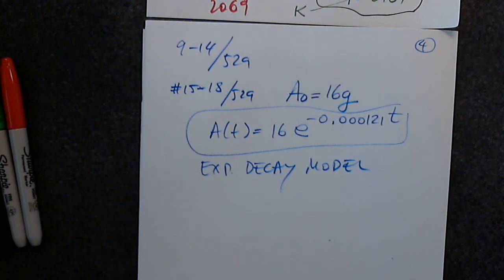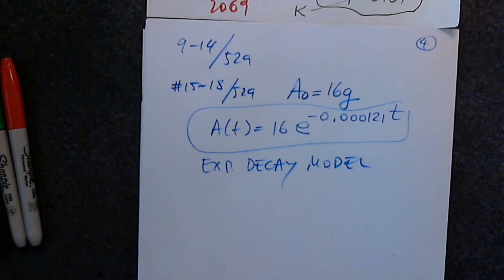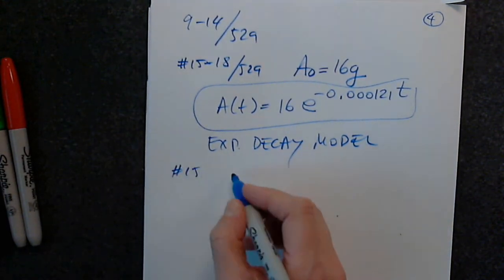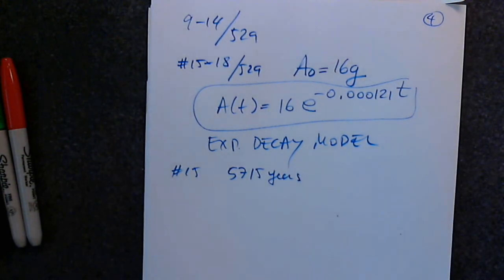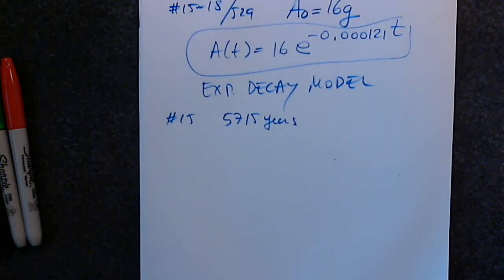Okay, how many grams describes the amount of carbon-14 present after t years? Use the model to solve exercises 15 through 16. How many grams of carbon-14 will be present in 5,715 years? So 15, in 5,715 years. We're asked to find how many grams are still left.